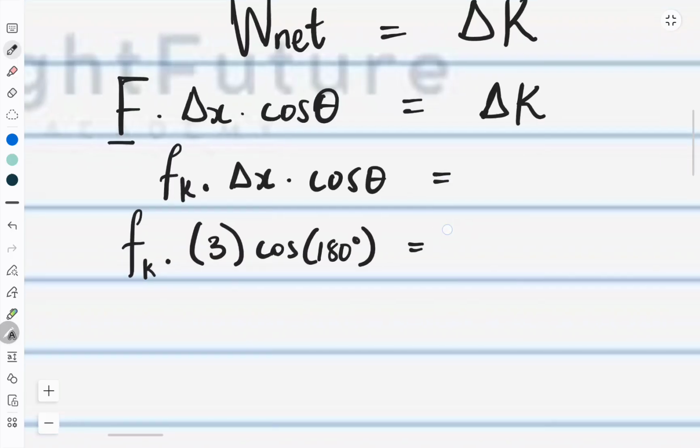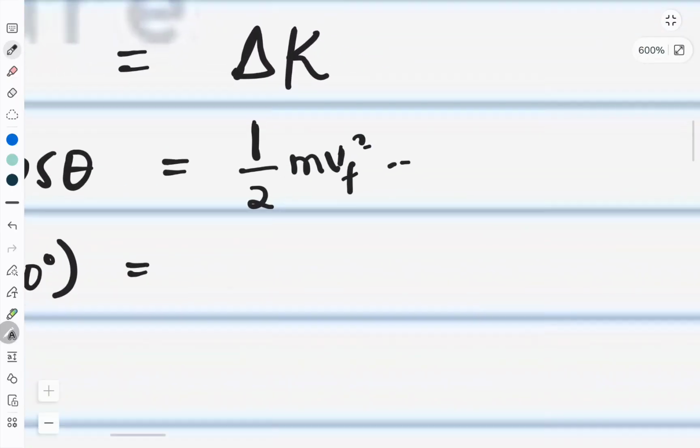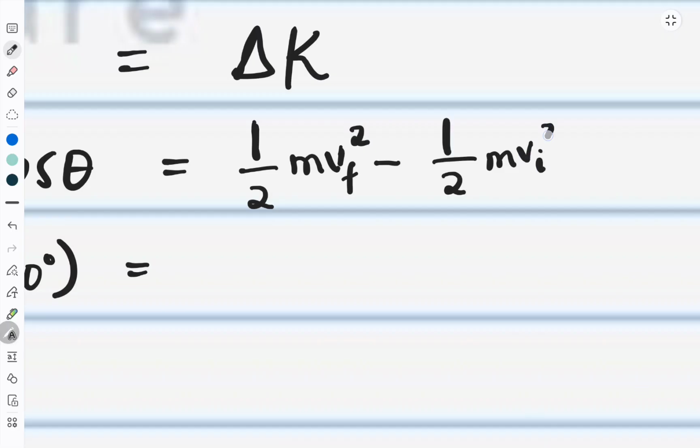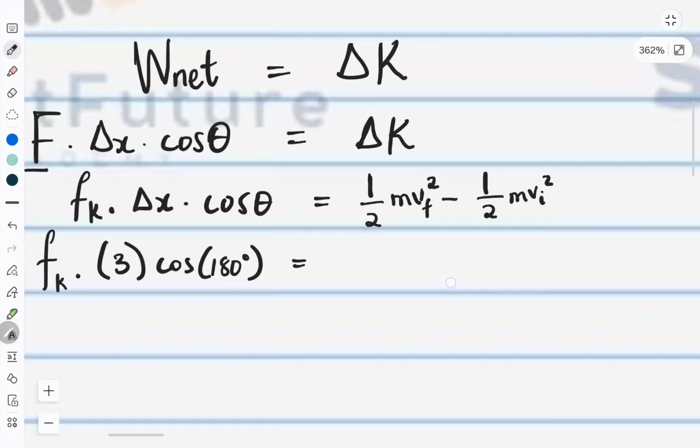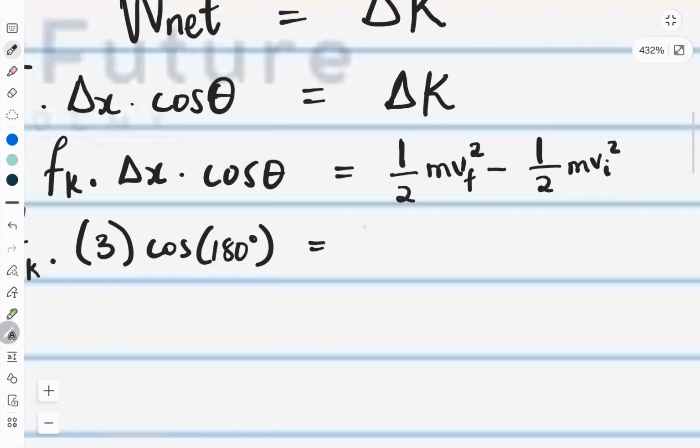And then now I'm expanding our delta k, which is 1 over 2 m vf squared minus, then that's our third step.